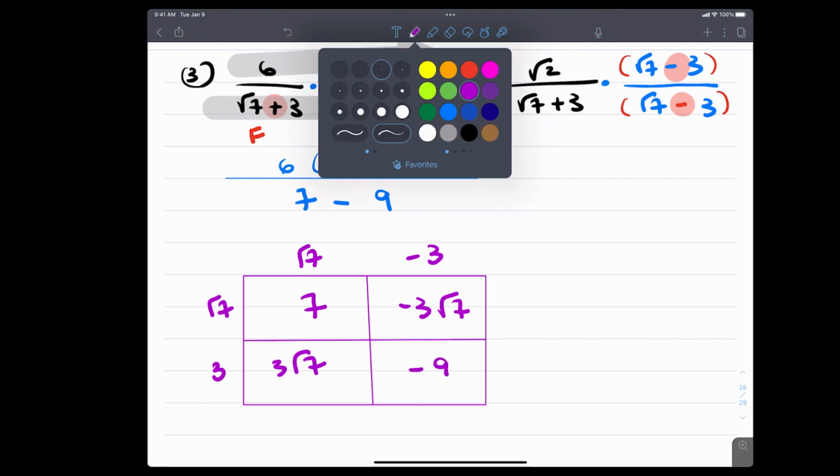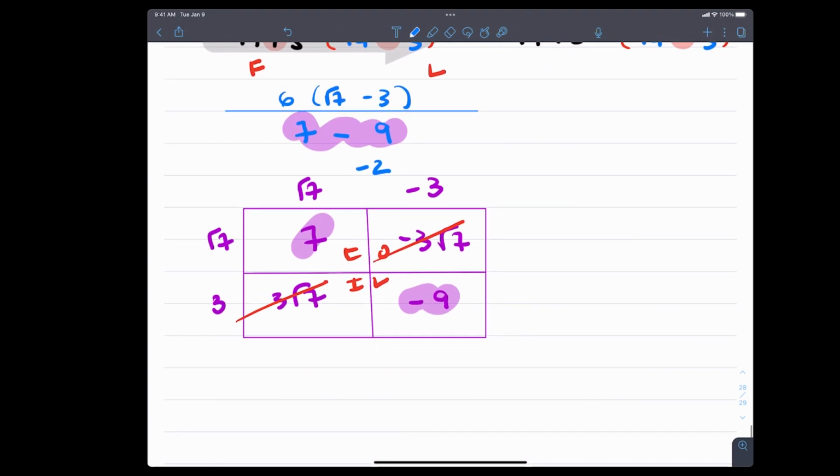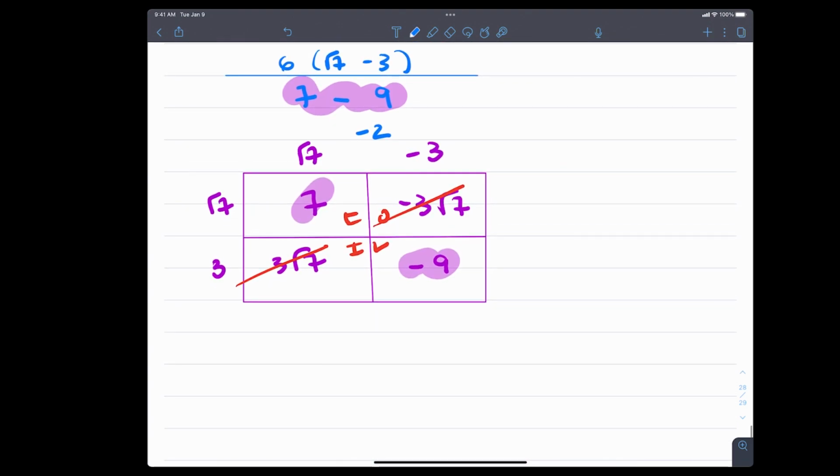So remember what I'm saying here. First, outer, inner, and last. Don't your O and I terms go away? Right? And then what are you left with? 7 minus 9. And what is 7 minus 9? Isn't that negative 2? So you have 6 square root of 7 minus 3 divided by negative 2.